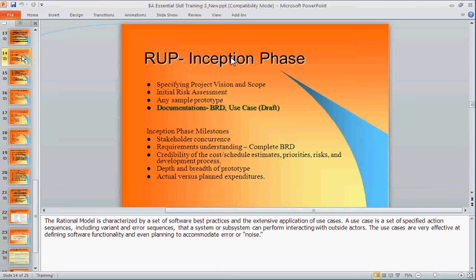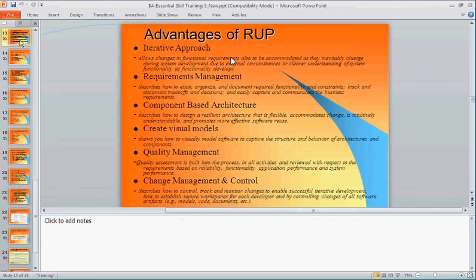Another disadvantage is you need people who know how this methodology works, right? If you don't have developers that can build the component-based architecture, right? Do you think you'd be able to develop a quality product?